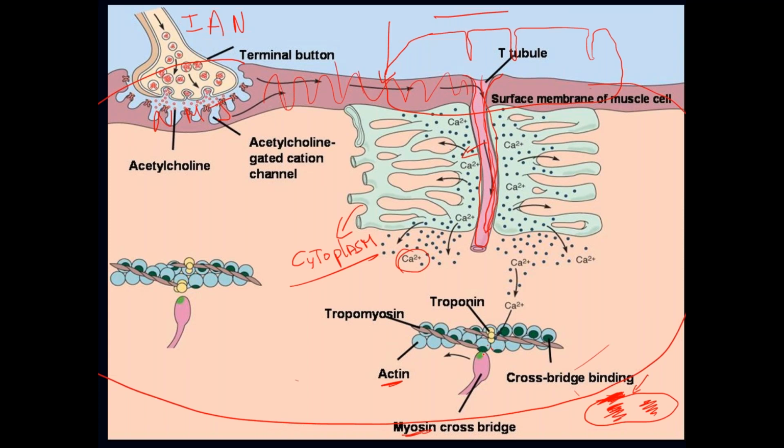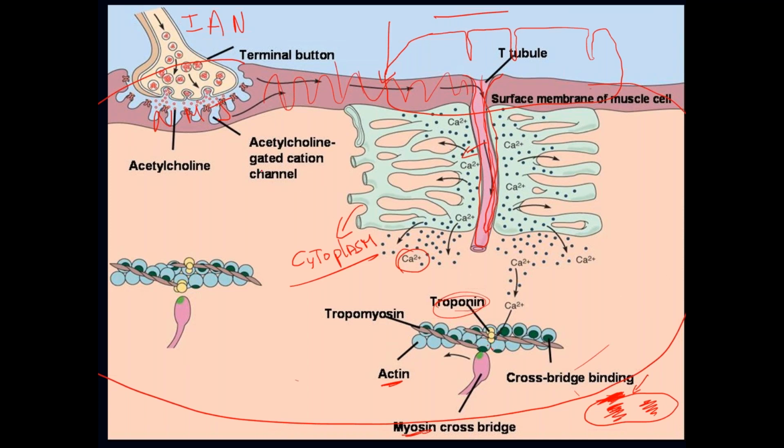They are actually not working. What is locking the troponin and the actin is actually another protein, this one, and this protein is going to be moved away because calcium is going to take it away. So calcium is going to unlock the actin and the myosin.